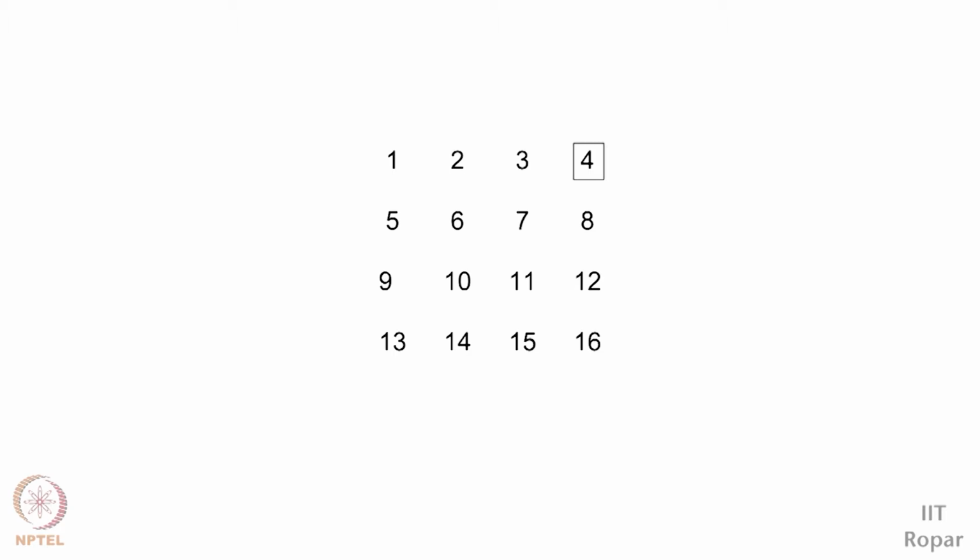Then I will not shift to the second row. I'll print all the remaining elements of the last column, which is 8, 12, 16. Then I'll print all the remaining elements of the last row in reverse order, which is 15, 14, 13. Then the first column, all the remaining elements in reverse order, which is 9 and 5.